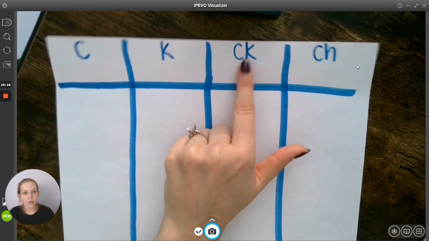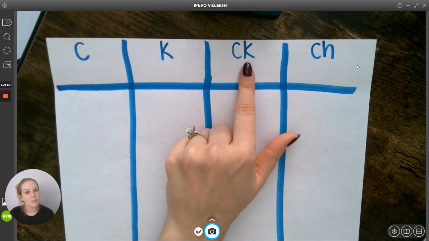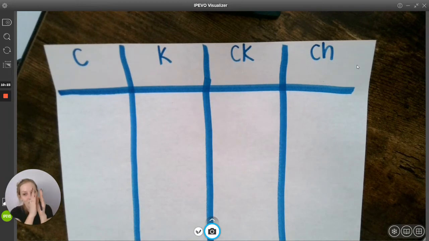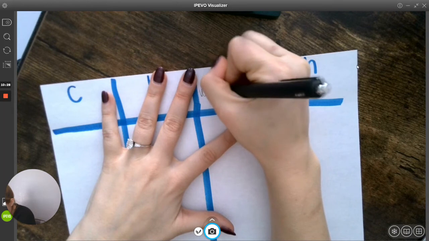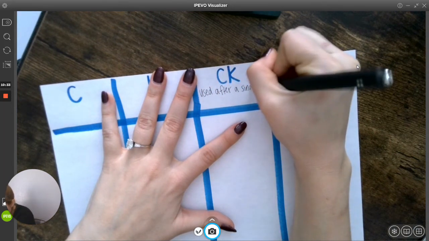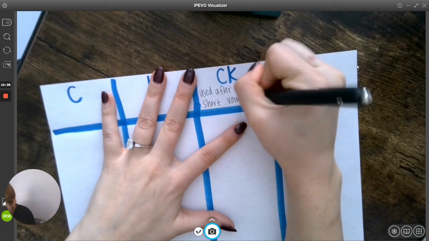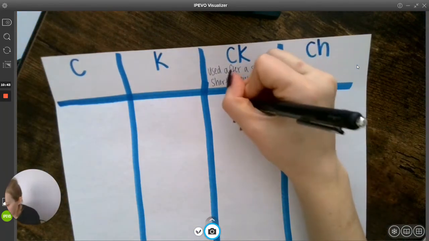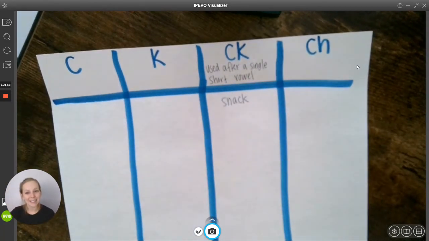Let's start with this one. When do we use this phonogram to spell K? We use it after a single short vowel. So we're going to write that. Used after a single short vowel. Can you think of some examples? I'll give you one to start. Ready? Snack.